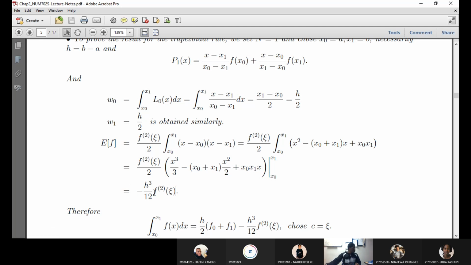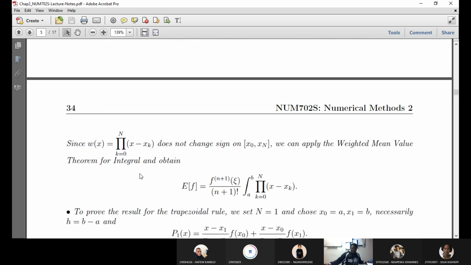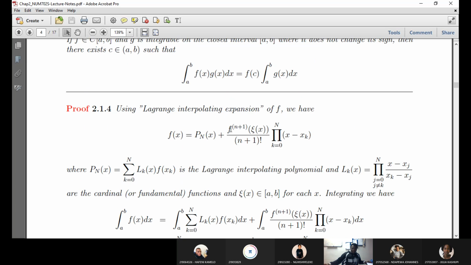Okay, let me do it for you so that you will see where that formula comes from. At least this one, you know already that this error term comes from integrating this expression of the interpolating polynomial, this one.